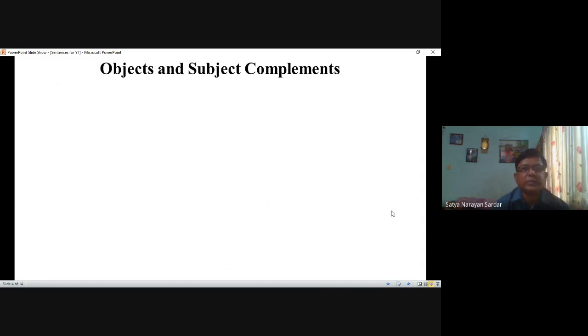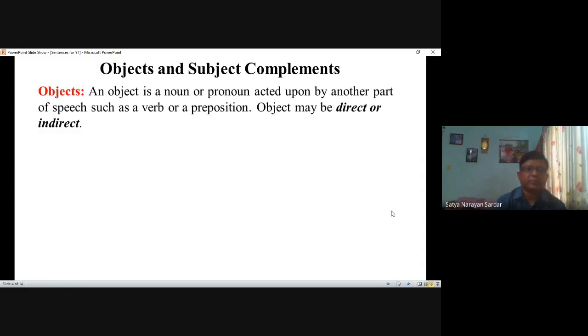Let's go towards next objects and subject complements. An object is a noun or pronoun acted upon by another part of speech, such as a verb or a preposition. Object may be direct or indirect.